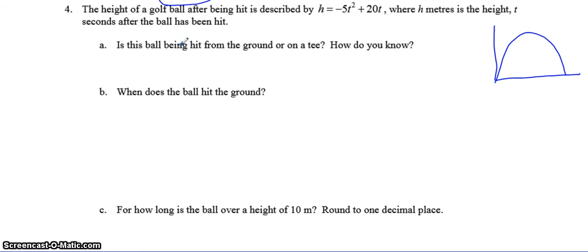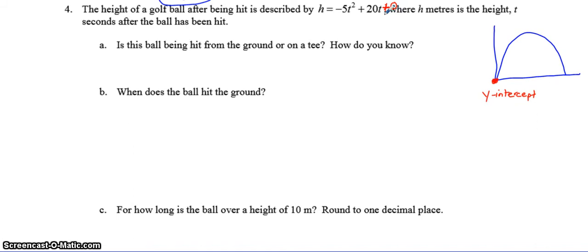The special point when the ball starts is the y-intercept. When your equation is in standard form, the y-intercept is the constant term that is being added at the end.